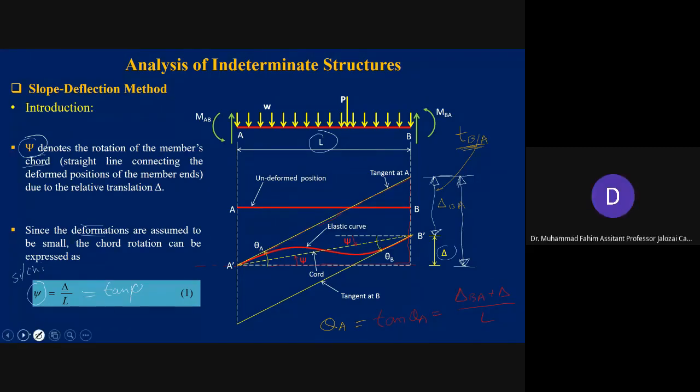And similarly, what will theta B be? For theta B we will assume this triangle. This is the tangential deviation of A with respect to B, and this is delta again.